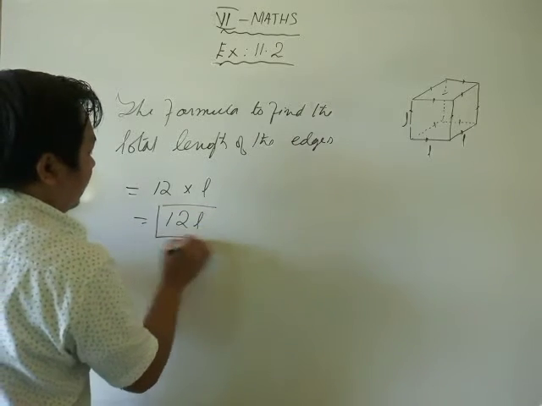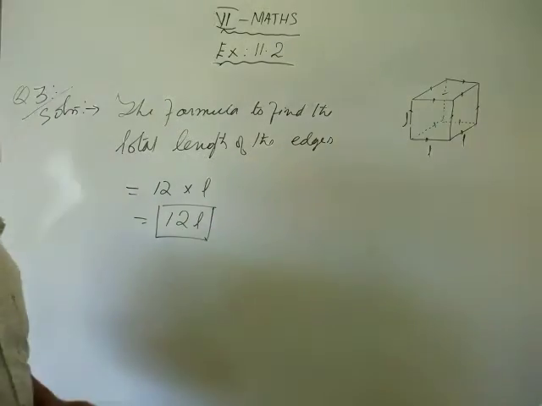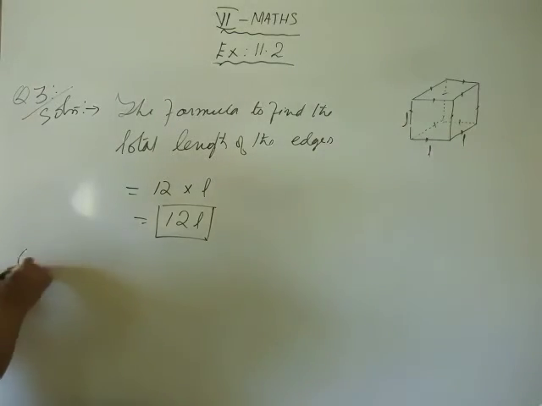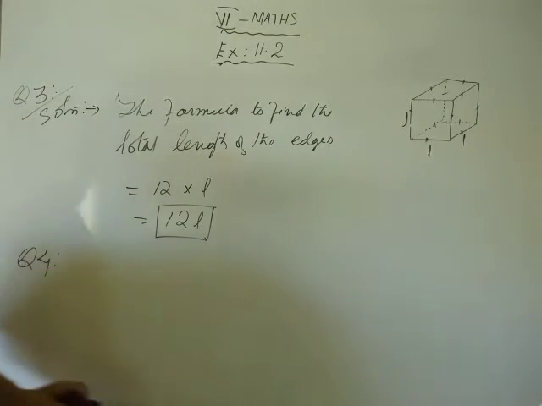So 12L is the formula. Okay. Next, let us go to the next question, question number 4. So what is question number 4? Let us see.